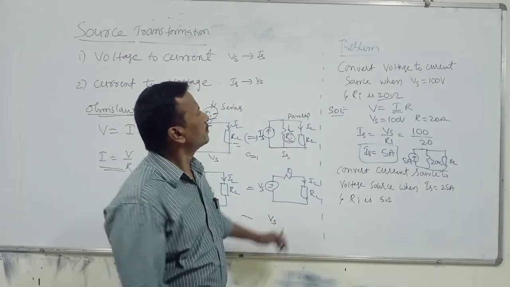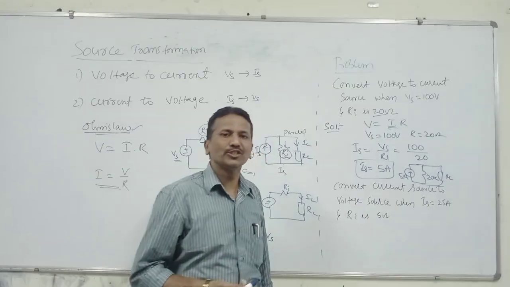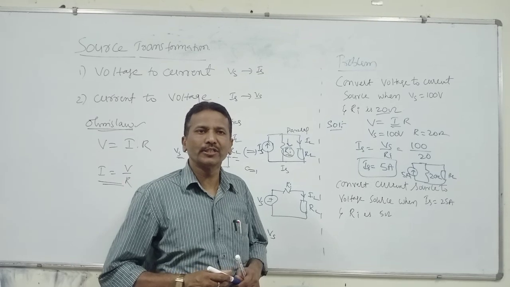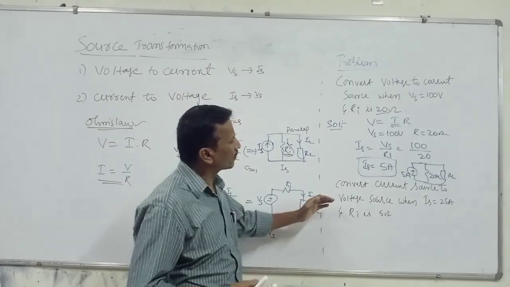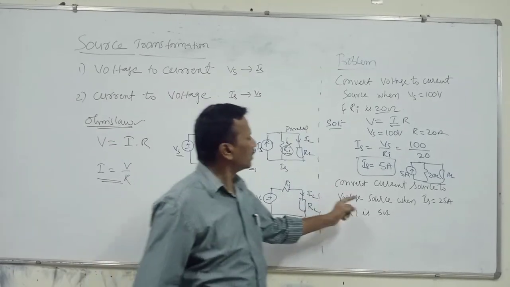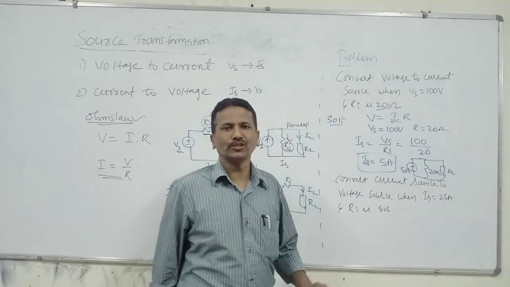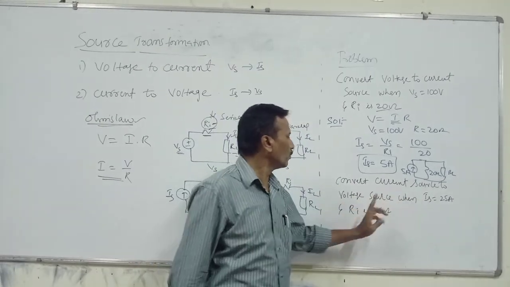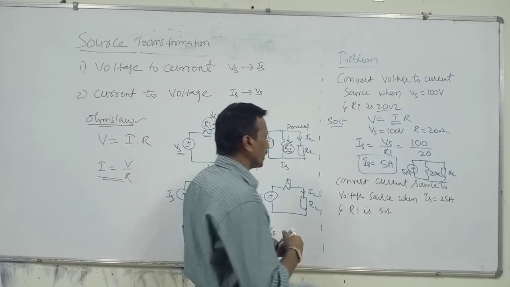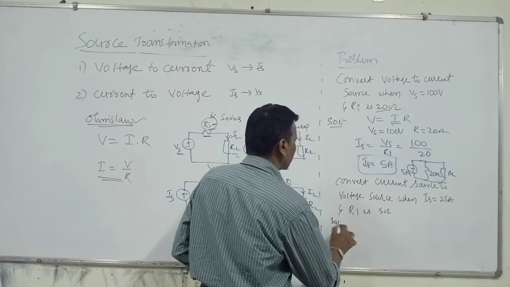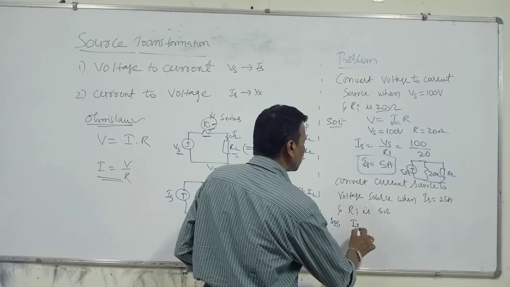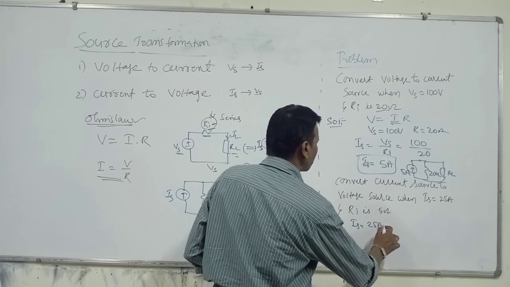So this is the way we can convert voltage source to current source or current source to voltage source. Now we go for one more problem. Convert current source to voltage source. What is given? Current source 25 amps.